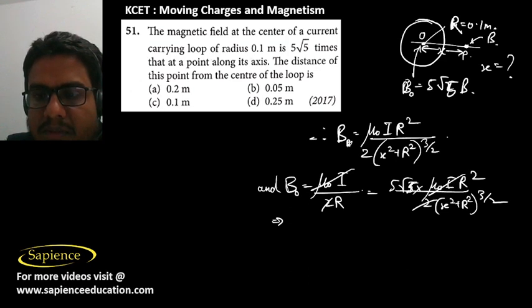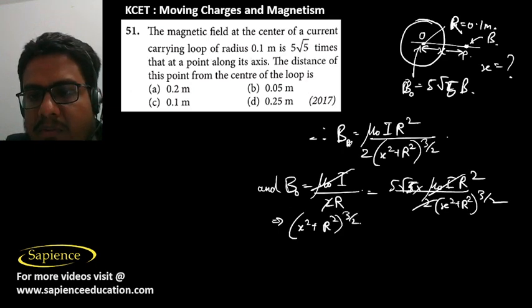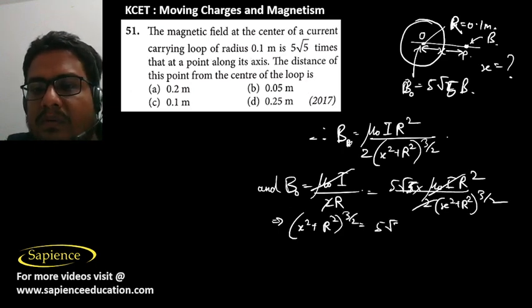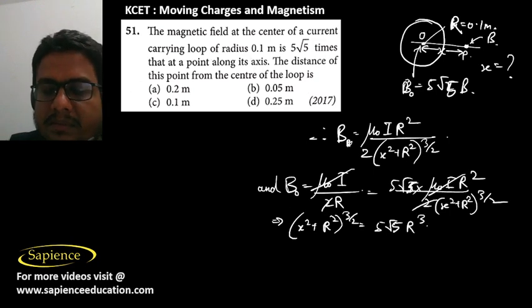Now if we cross multiply, this will be (x square plus R square) whole power 3 by 2 equal to 5 root 5 into R power 3.